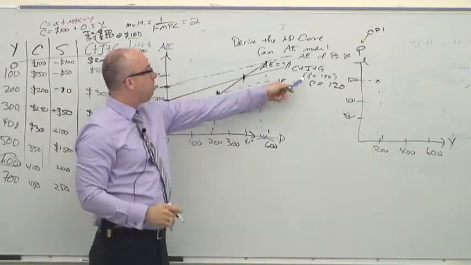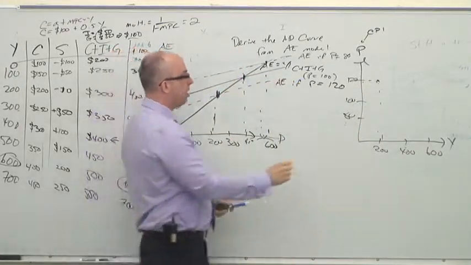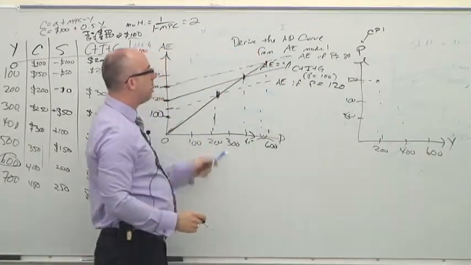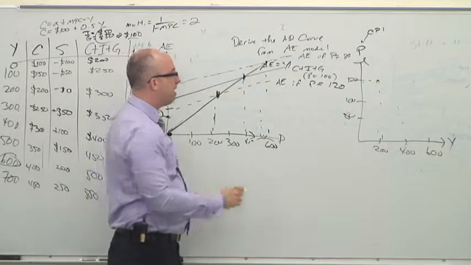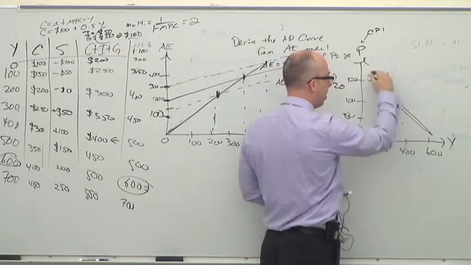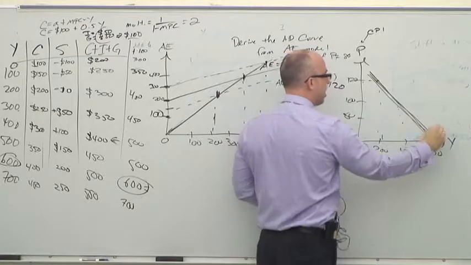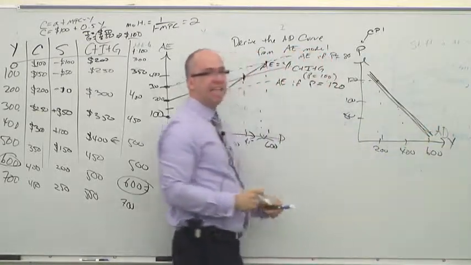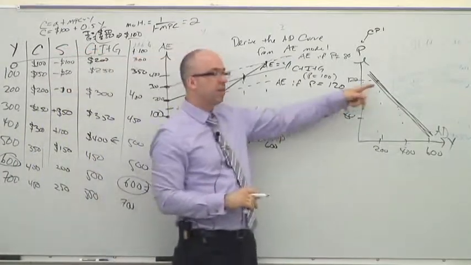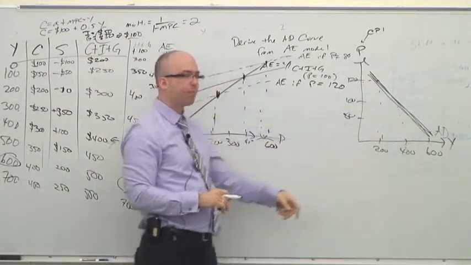If the price level is 100, GDP is 400. And finally, if prices are low, equilibrium GDP is high. If you connect these 3 dots, you get the AD curve. So that is the mathematical explanation of why the AD curve slopes downward.